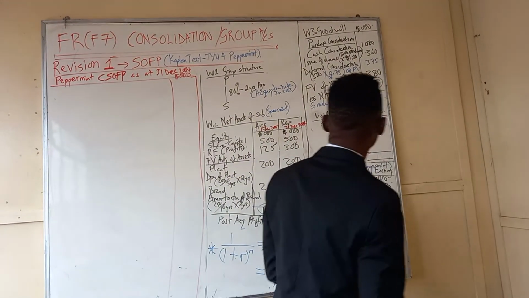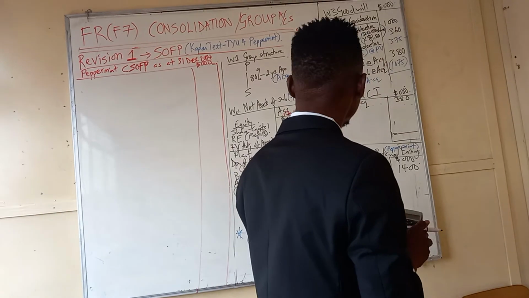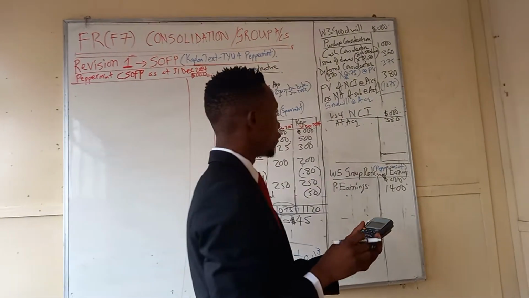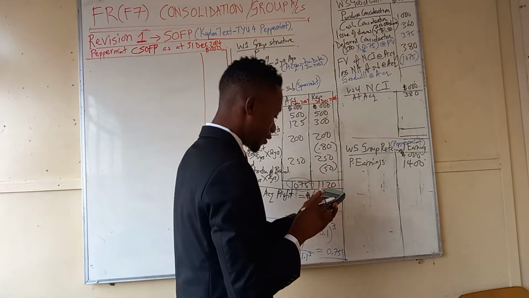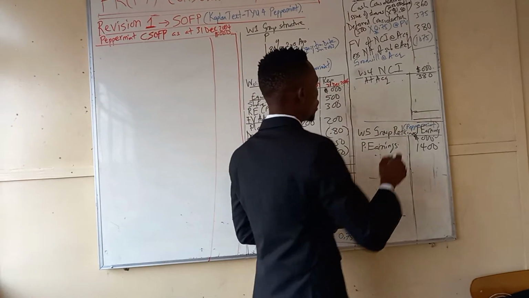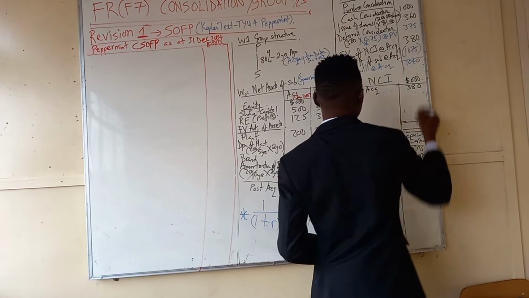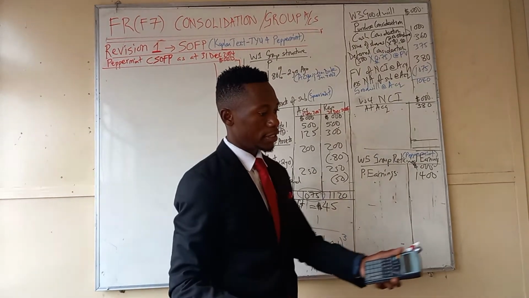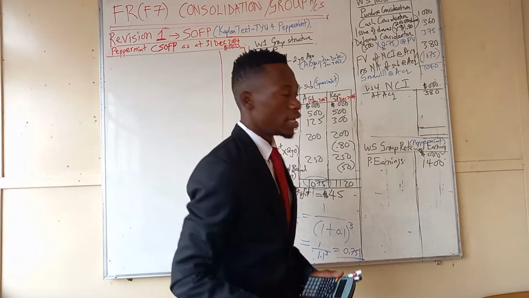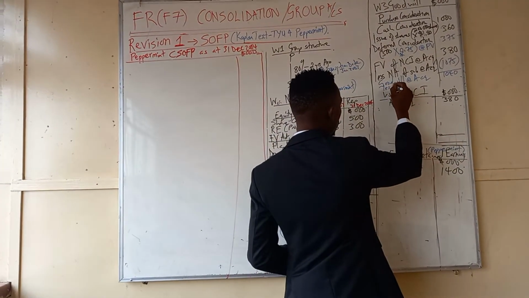What will be the goodwill at the date of acquisition? If I do the number crunching exercise, I'm getting 1040. But the goodwill should be impaired. So we have note number 3, telling us that the goodwill should be impaired.